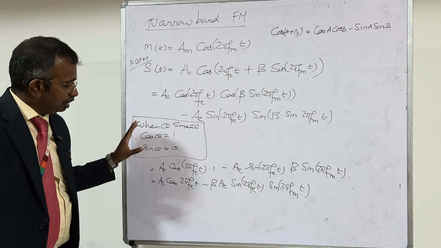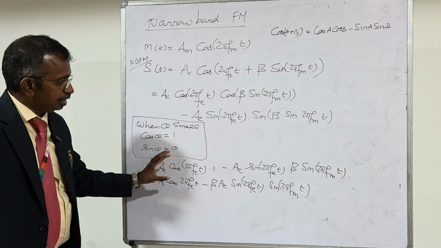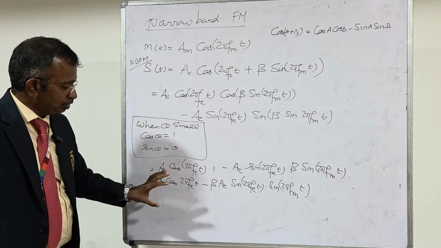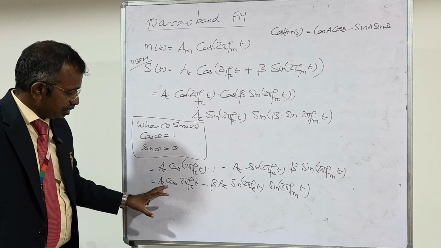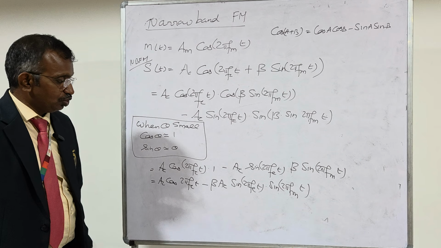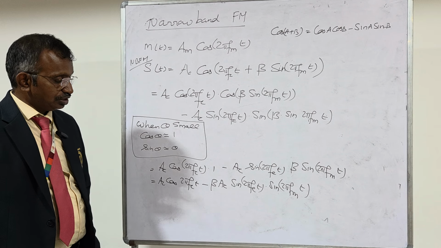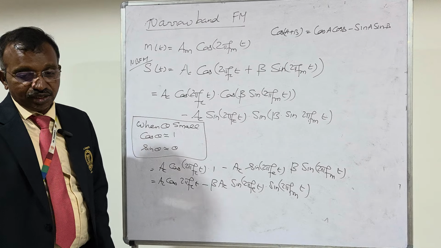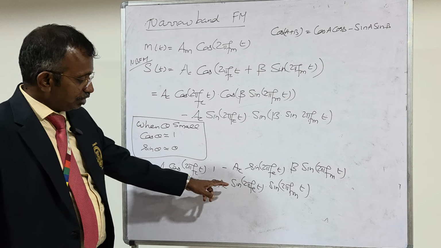Using this, I am simplifying this to Ac cos 2 pi fc t minus beta Ac sin 2 pi fc t into sin 2 pi fm t. So now this is in the form of sin A sin B.